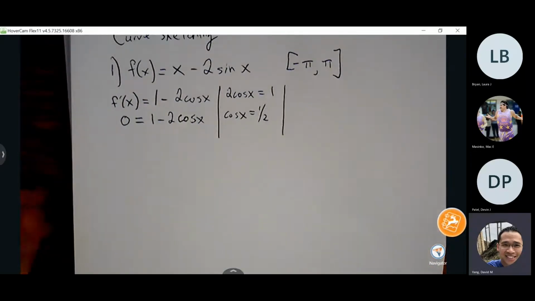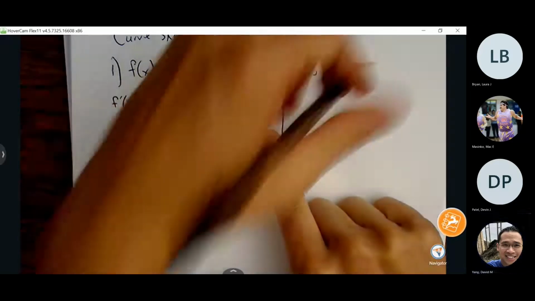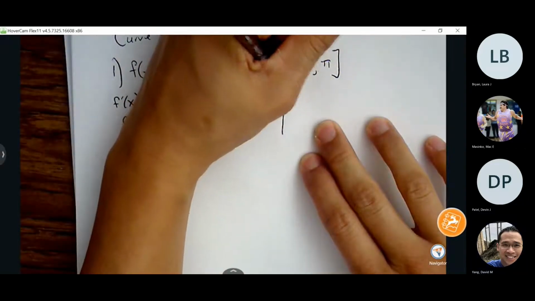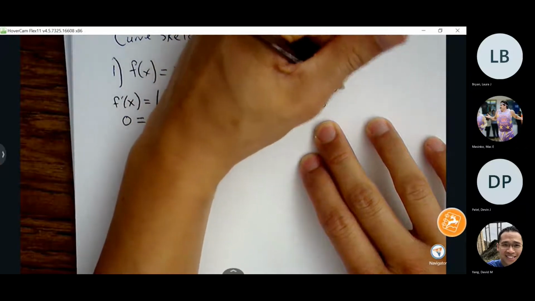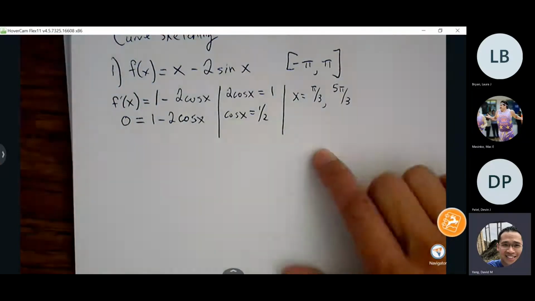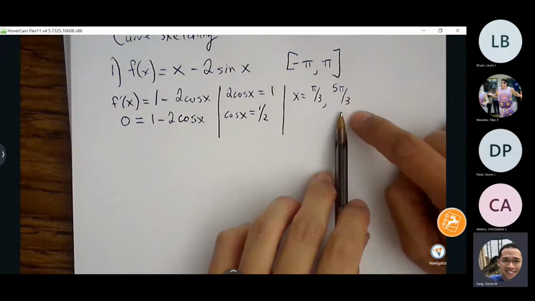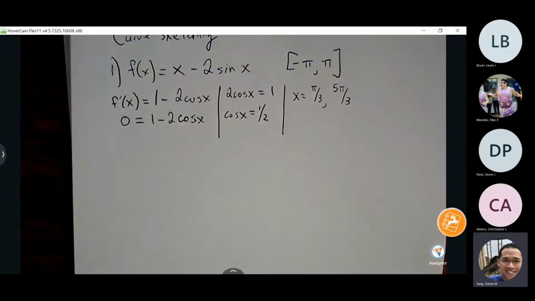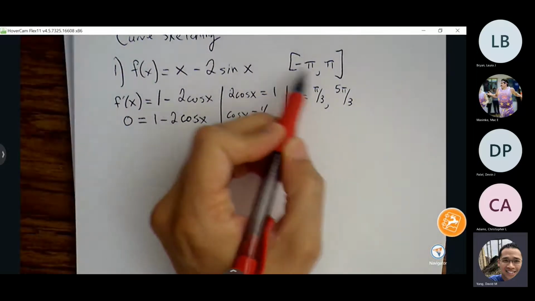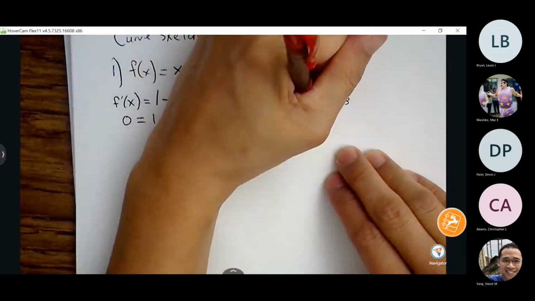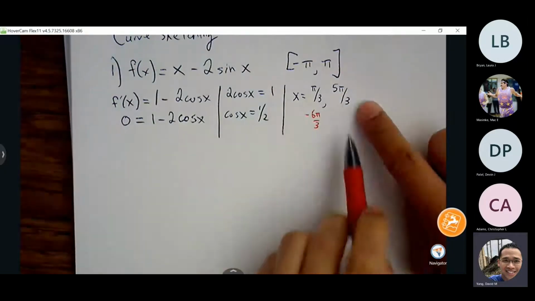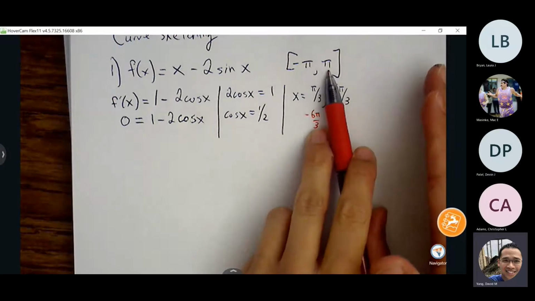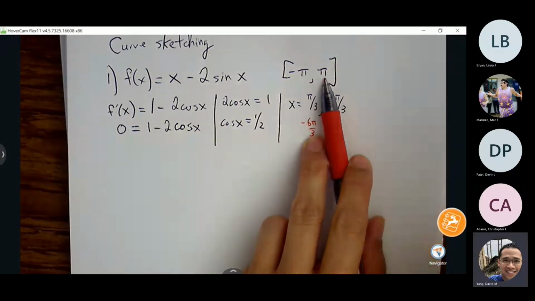Okay, cosine x equals 1/2. First and fourth quadrant. But we want something inside the interval, so 5 pi over 3 is too far outside. We can always subtract 2 pi to see if we have anything in the negative region. We don't keep going, because 5 pi over 3 is already past my interval.